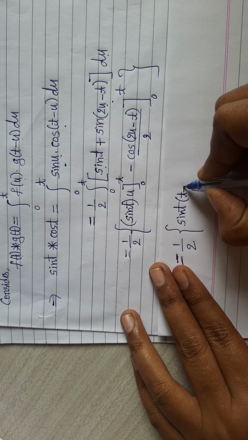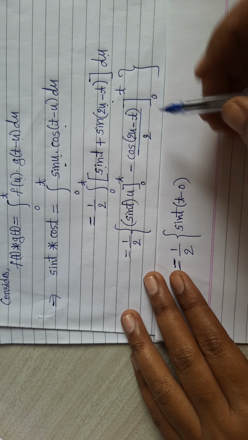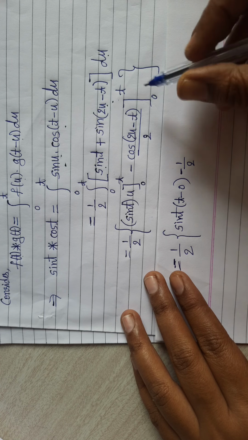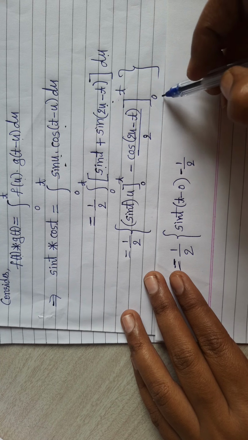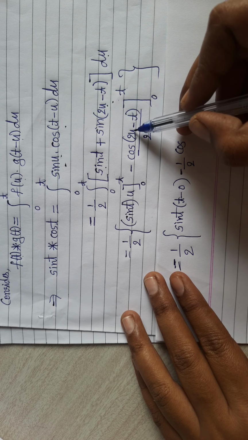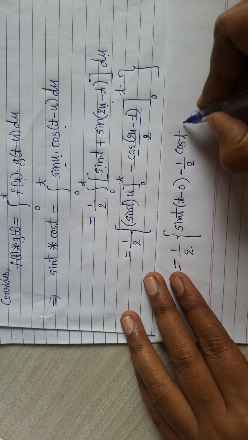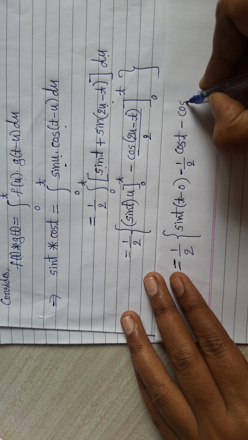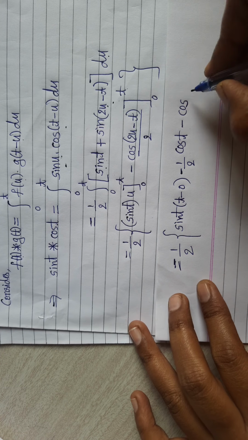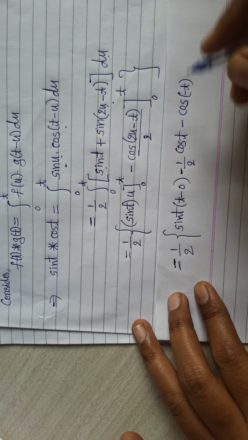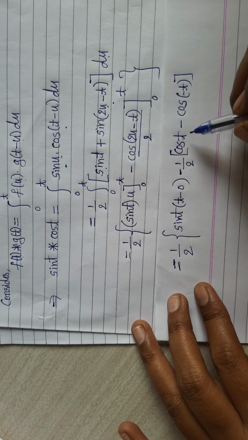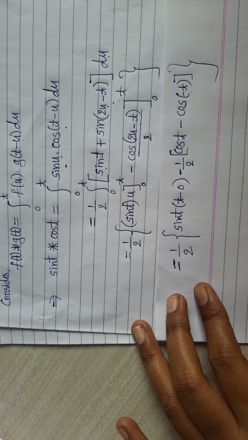So it will be t minus 0, or only t you can write. And here the constant is minus 1 by 2. Then again replace u by t and 0. If you replace the upper limit, 2t minus t is t. Then minus substituting the lower limit, u equal to 0, we get cos of minus t. Cos of minus t is again plus cos t only. Again I'll put the bracket because this minus 1 by 2 is the product of these two. Now simplify it.